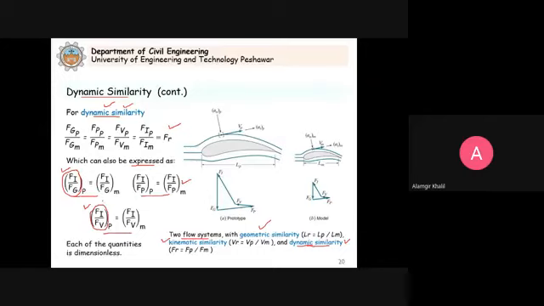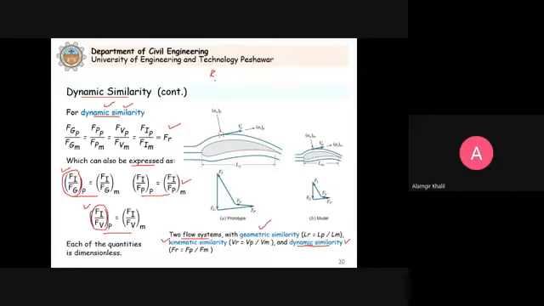This is what we have studied so far, the Reynolds number and the Froude number. So now we are coming to the dimensionless numbers, some of which we studied already and some we are going to study now. In simple words, we are now simplifying our discussion. Let's say that the Reynolds number is significant in a fluid problem, so let us only consider the Reynolds number.